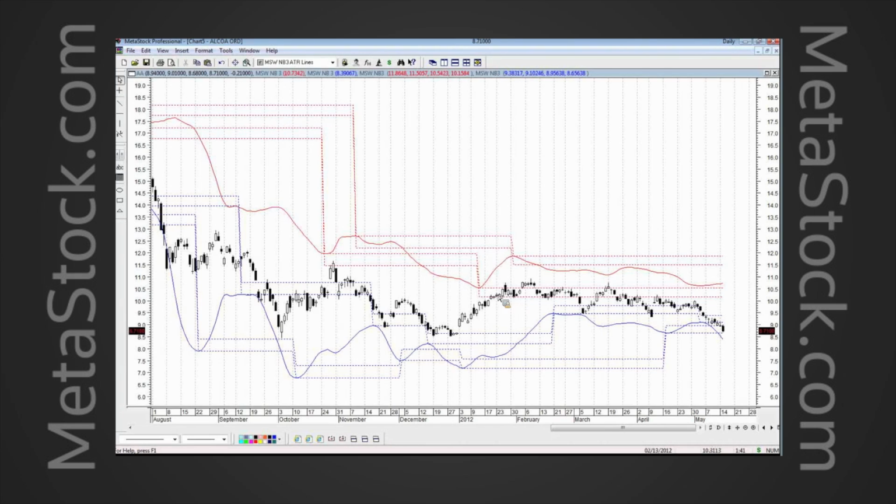Okay? So if you can imagine that this zone right here, beginning at the beginning of 2012, is a resistance zone. As price rises into it, it sees resistance and a significant amount of pause. Okay? Quite often, what happens is price coalesces along that resistance zone. Okay? As you can see right here.